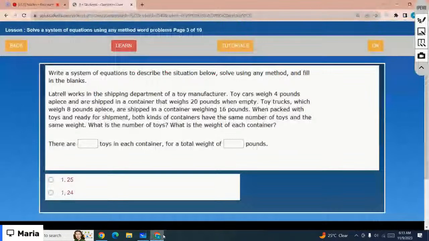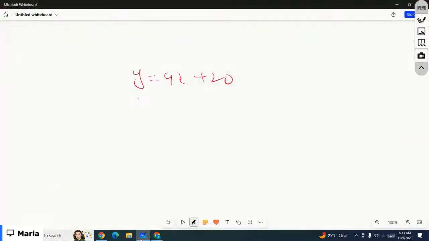And the other equation: toy trucks weigh 8 pounds apiece and are shipped in a container weighing 16 pounds. So the other equation is y equals 8x plus 16, right? Both the equations are equal to y. The y value is already isolated.